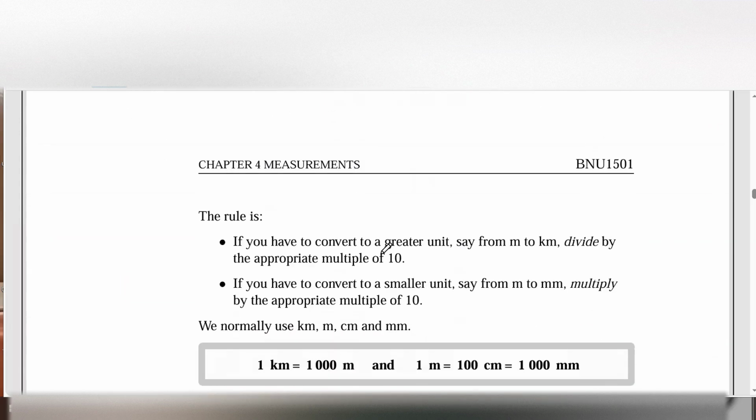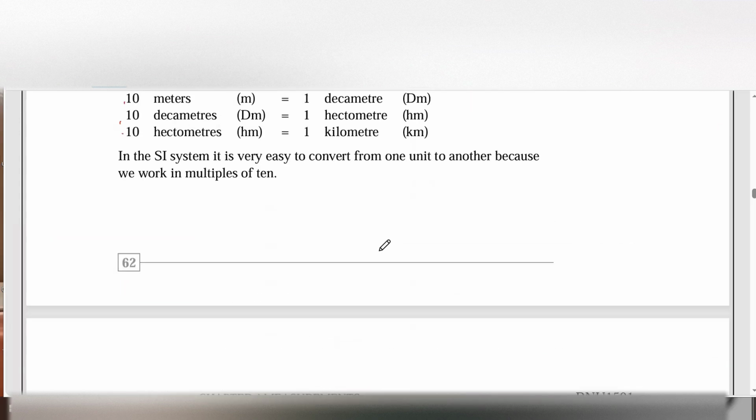So the rule is very simple: when you're converting from a big unit to a small unit, you must multiply. Big to small, multiply. Small to big, you must divide.